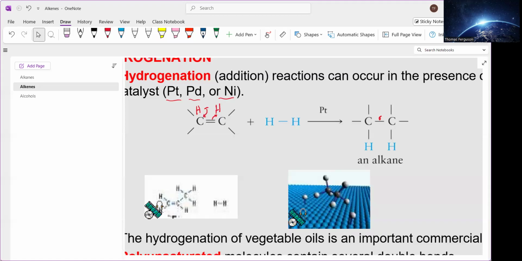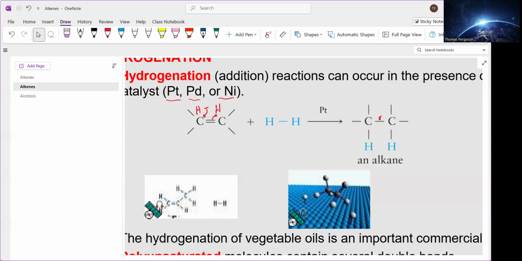Because to make Crisco in those days, you took vegetable oil and you hydrogenated it, only it wasn't perfect. You didn't hydrogenate all the double bonds, only some of them. The ones that are left over reverted to trans.